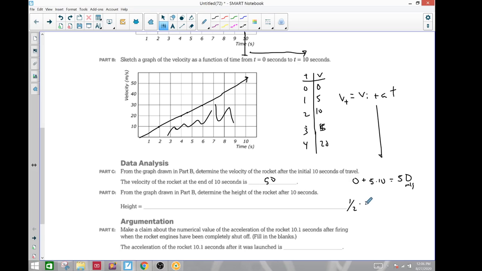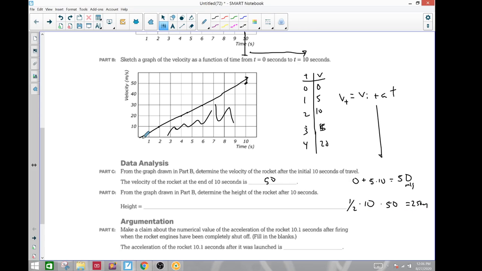The length is 10, and the velocity at the 10-second mark was 50. So 10 times 50 is 500. Cut that in half, and we get 250 meters tall.